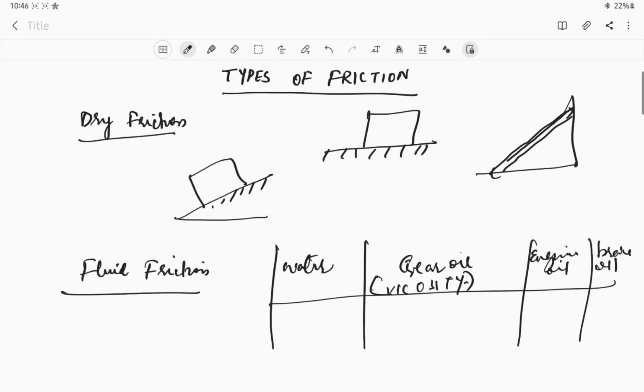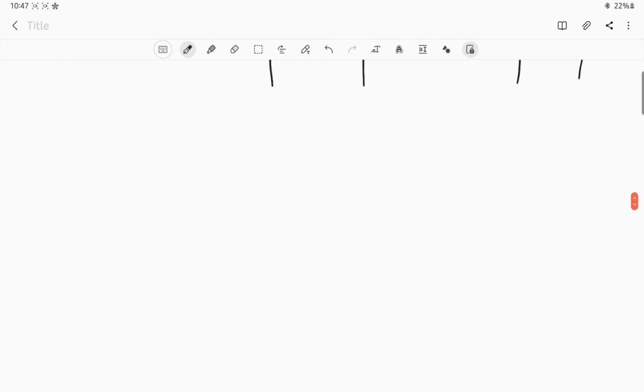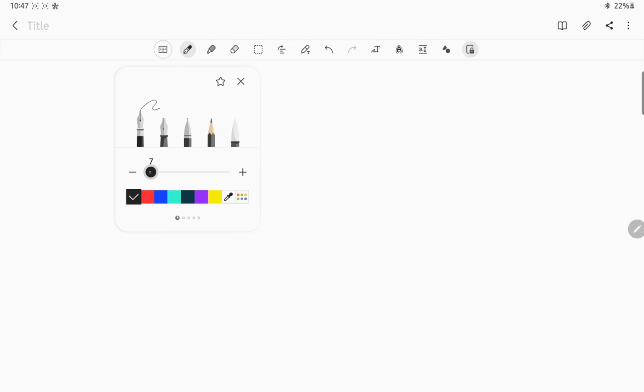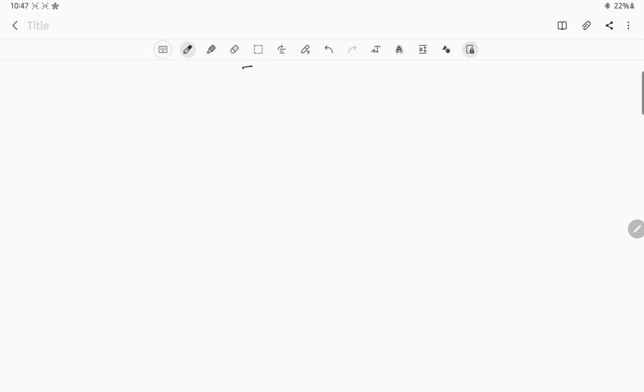All right, now we will move to the next topic, that is coefficient of friction. This is very very important. But before that, we will take down theory of friction.